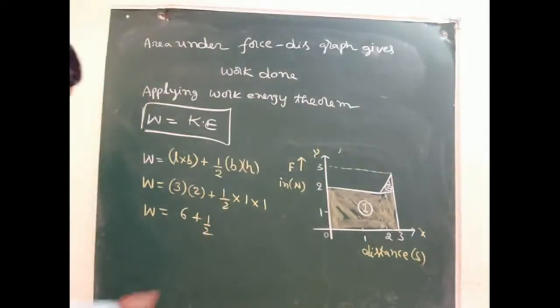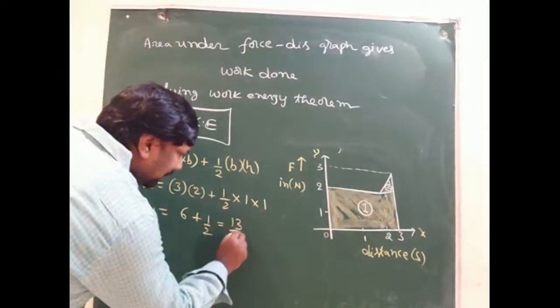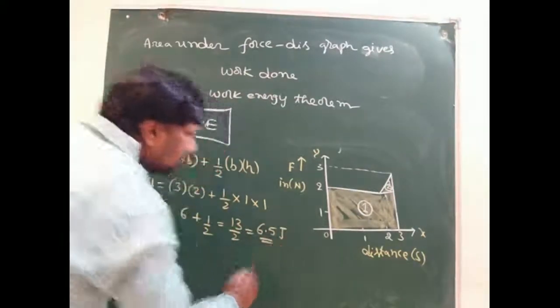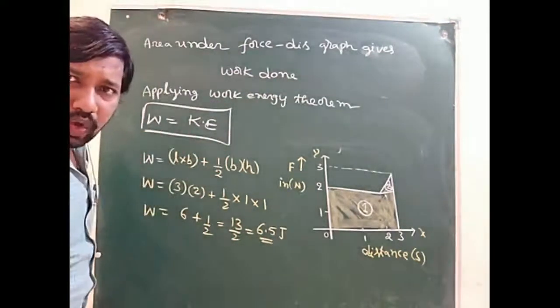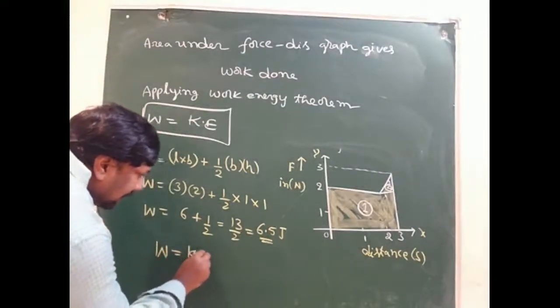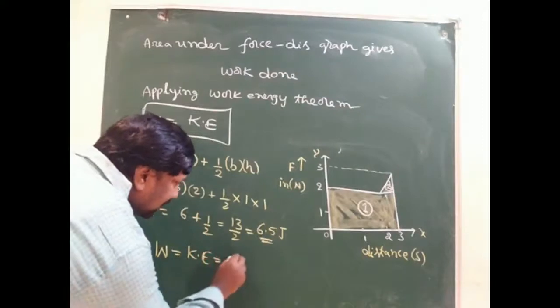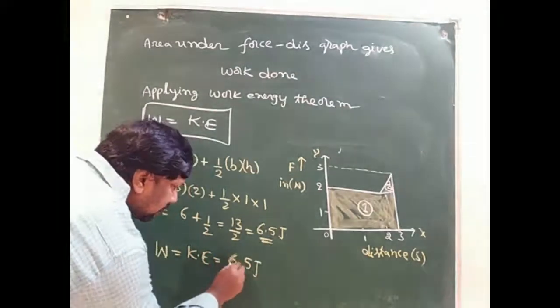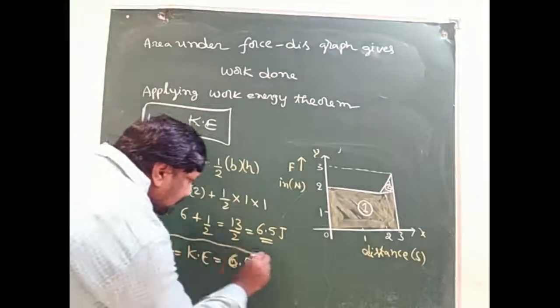That is 13 by 2, that is 6.5 joules. We know that according to the work energy theorem, the work done is equal to kinetic energy. So here kinetic energy is 6.5 joules. So this is the answer.